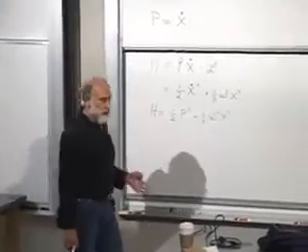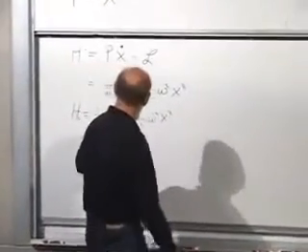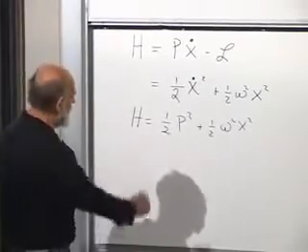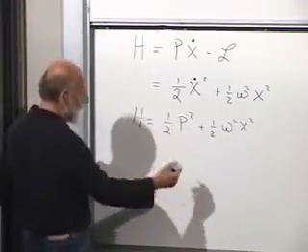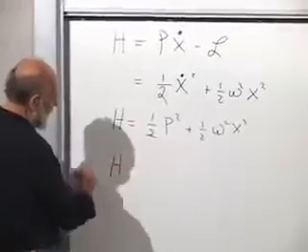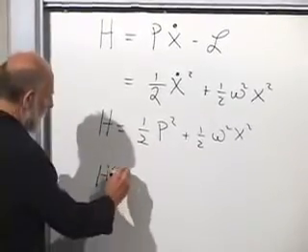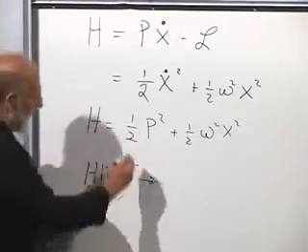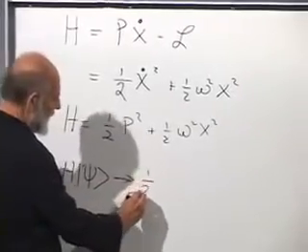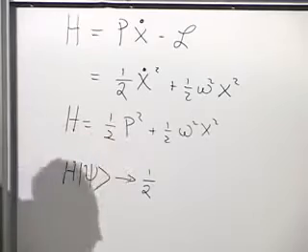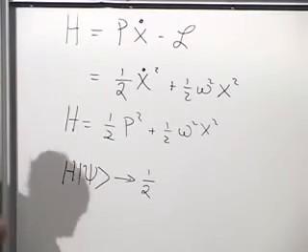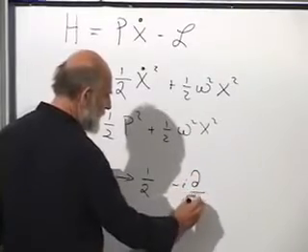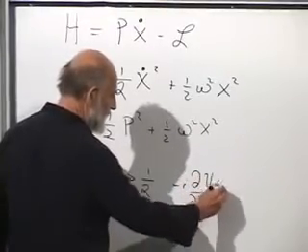What does that mean, p by itself? It just means that you act once with p and then you act again with p. So let's figure out what that is. Let's write H on psi corresponds to 1/2. Now, let's first apply p once. That's minus i d by dx psi of x.